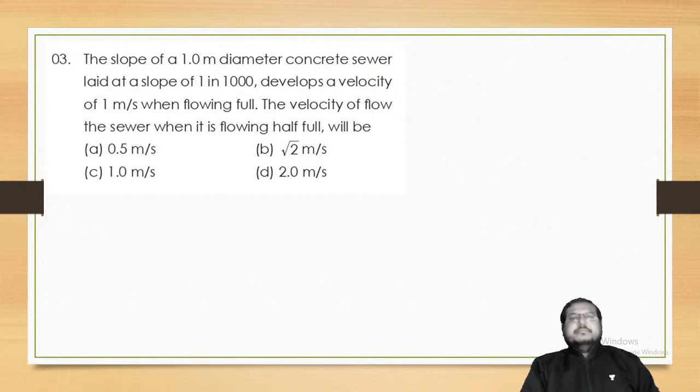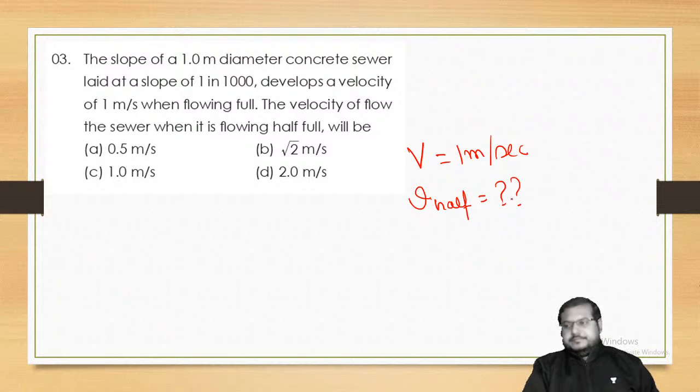Question number 3. The slope of a 1 meter diameter concrete sewer is 1 in 1000. It develops the velocity 1 meter per second when flowing full. So V is 1 meter per second. They are asking what is the velocity when it is flowing half.